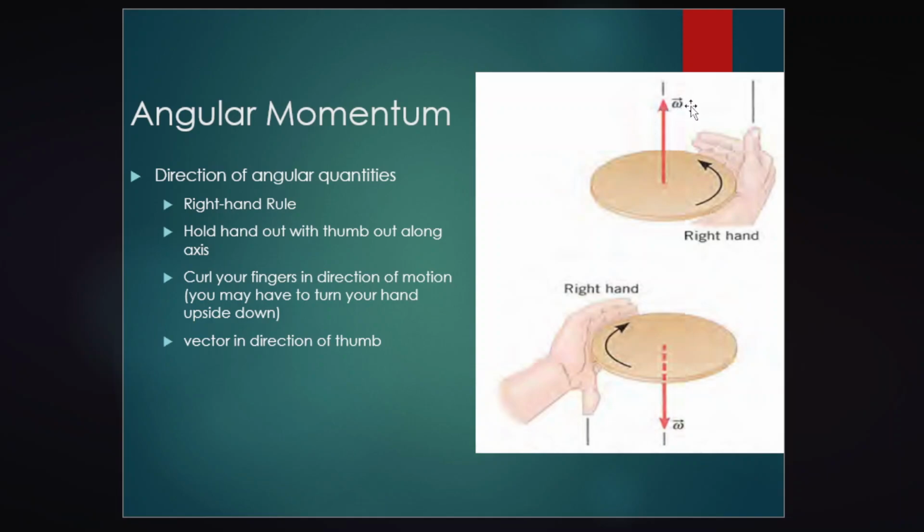Our angular velocity is pointing up. Our angular momentum is also pointing up. And this is why counterclockwise is positive, because we think of upwards as positive. So if you're going clockwise, your right hand would have to flip upside down, so you're giving the thumbs down. So that is why it is negative.